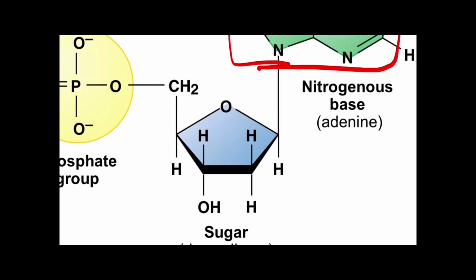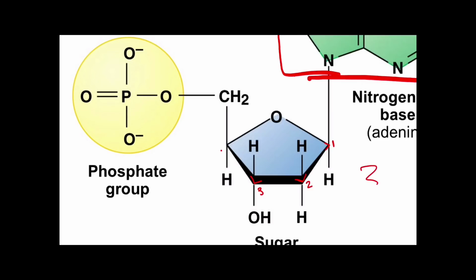Something important I want to highlight regarding the 5 carbon sugar, السكر الخماسي. So when we're counting the carbons, this is carbon number 1. هنا في هذه الزاوية في carbon, so that's number 2. هذه الزاوية فيها a third carbon, carbon number 3. And then هذه الزاوية فيها carbon number 4. وهذا carbon number 5. Okay, so لما نقول سكر خماسي or 5 carbon sugar, this is what I mean. We don't count this. I know, it sounds silly. This is an oxygen.